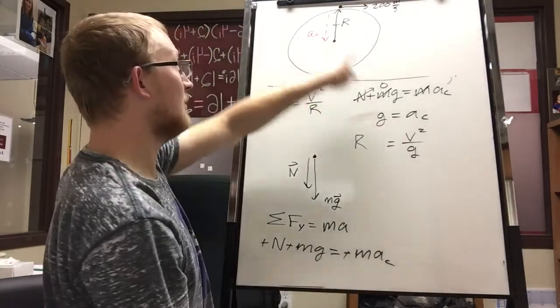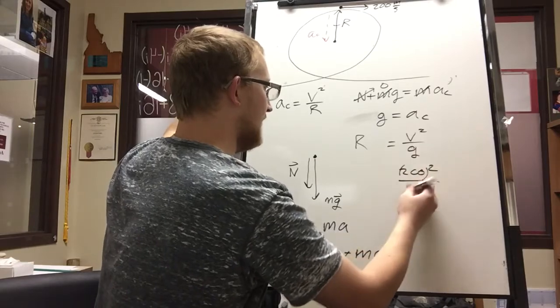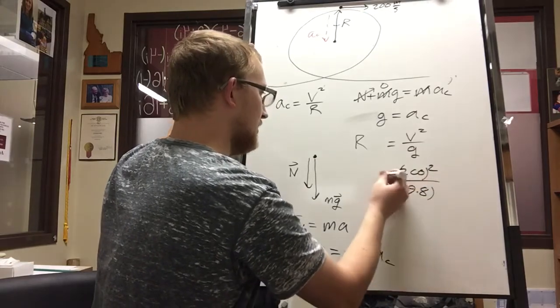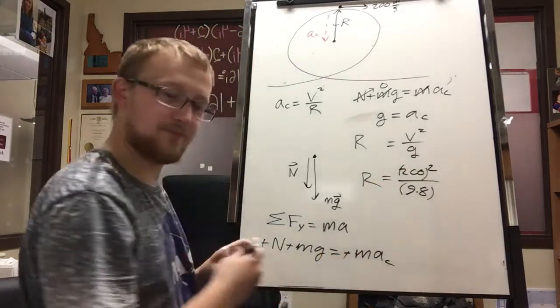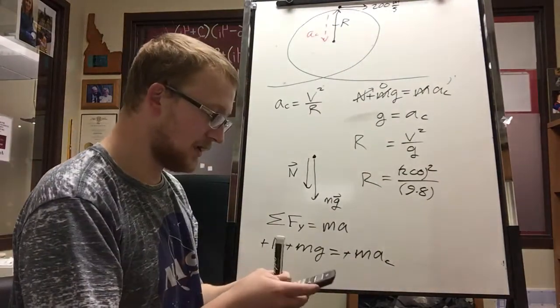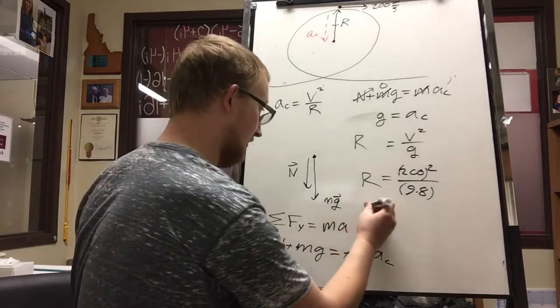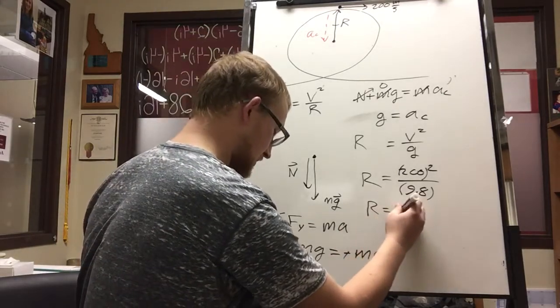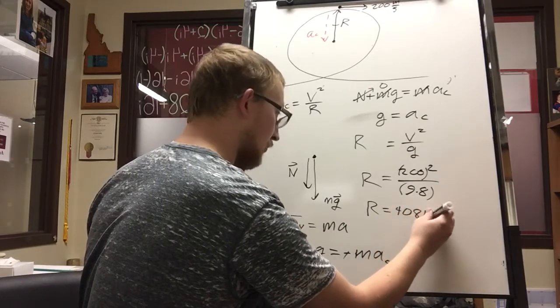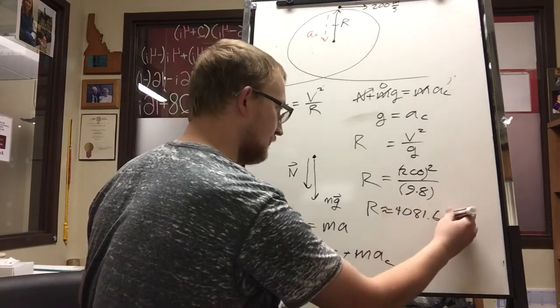We know v is 200, so 200 squared divided by 9.8, which is g, will give us our radius. Let's figure out what that is. 200 squared divided by 9.8 is 4,081.6, approximately that many meters.